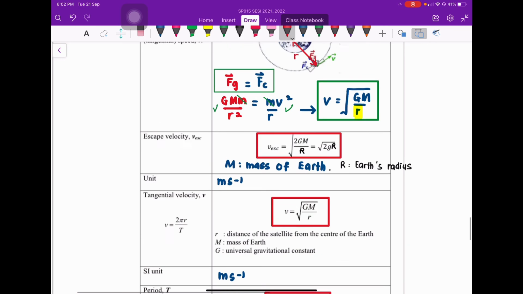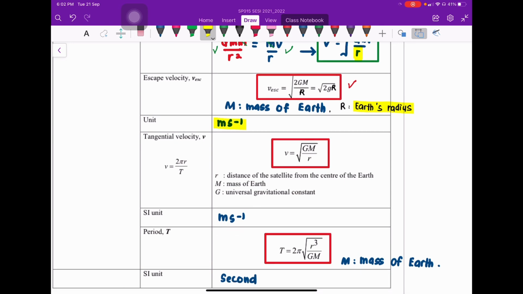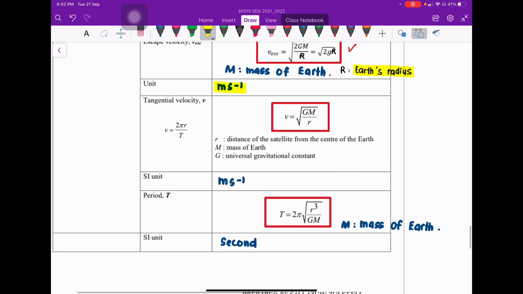Okay, next, escape velocity. The equation is, and make sure the symbol capital R here is Earth's radius, and the unit is meter per second. Alright, so next we have the linear velocity.